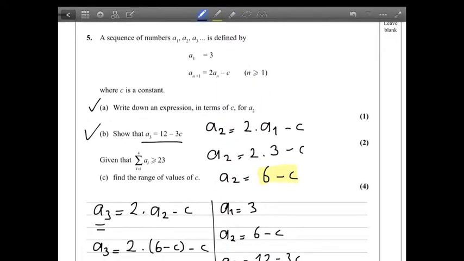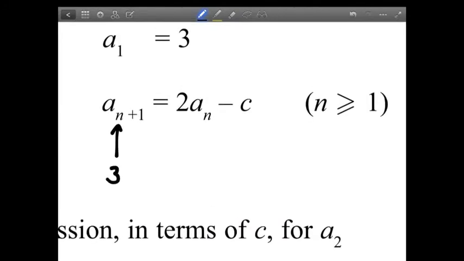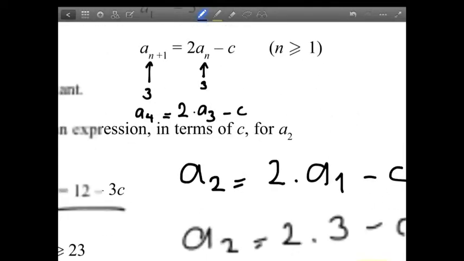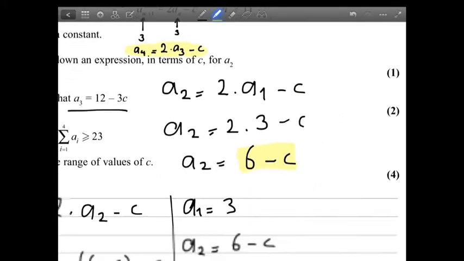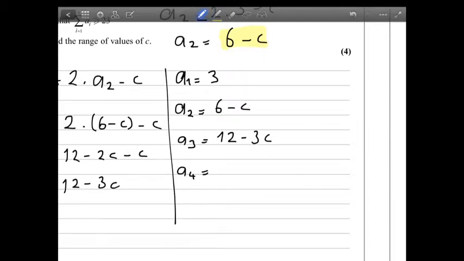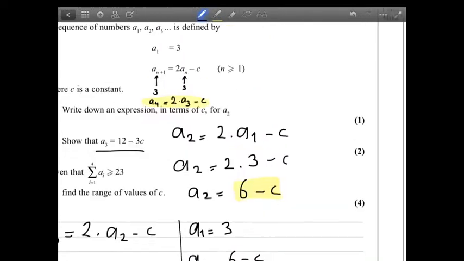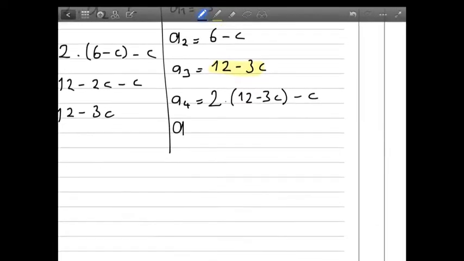To find A sub 4, we put the value 3 here, and A sub 4 is equal to 2 times A sub 3 minus C. 2 times A sub 3, we have 12 minus 3C minus C. Then we have A sub 4, 24 minus 6C minus C. A sub 4 is equal to 24 minus 7C.